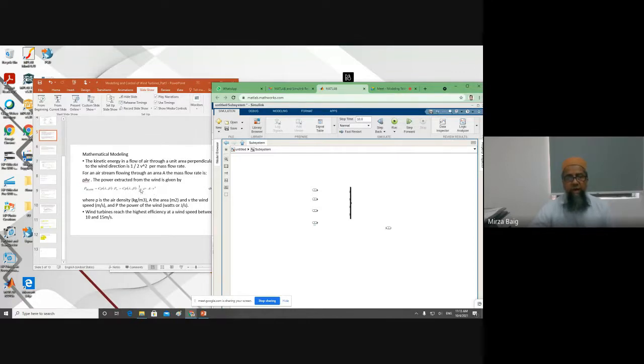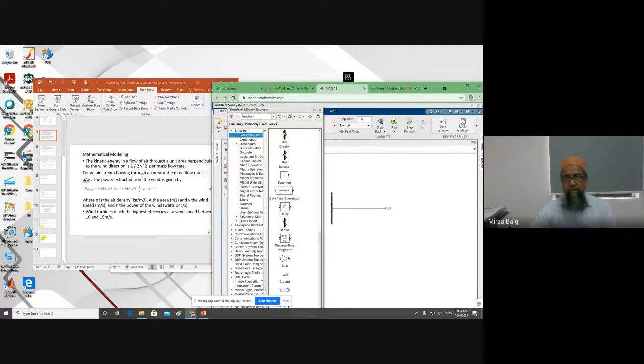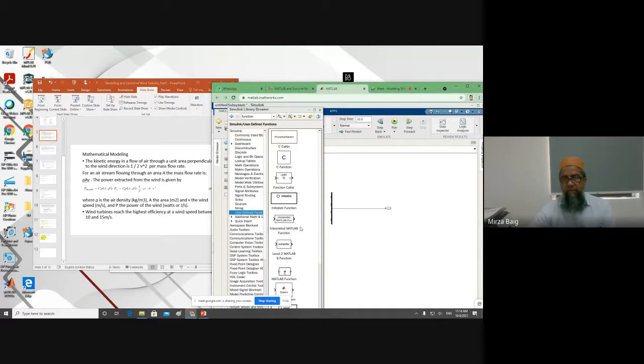So we need 4 parameters to find out the power, so we need 4 inputs. We get a mux and we get 4 inputs from the mux, and then we calculate a function. So let's find the function from the Simulink library. We go to User-Defined Functions and we take the MATLAB Function.